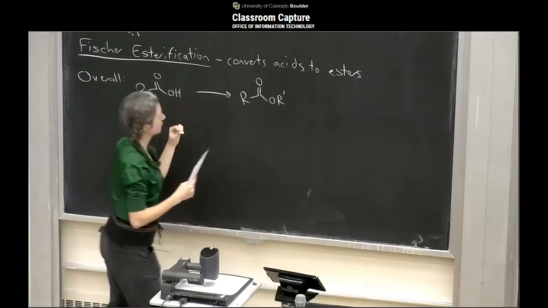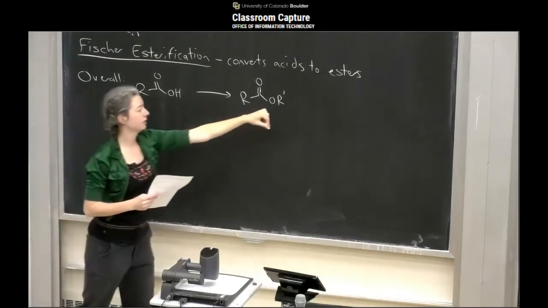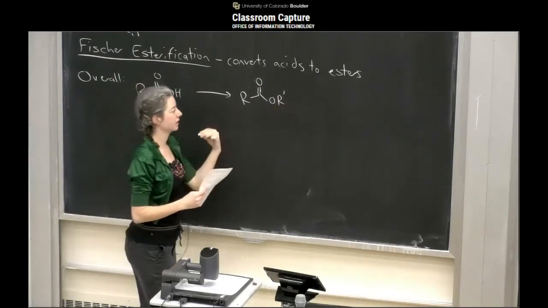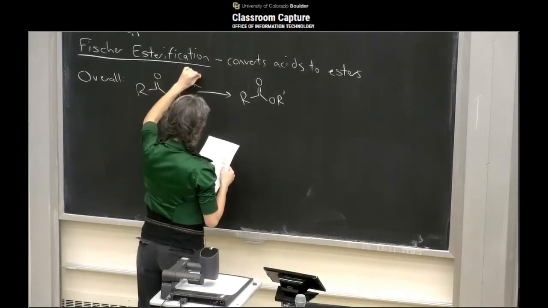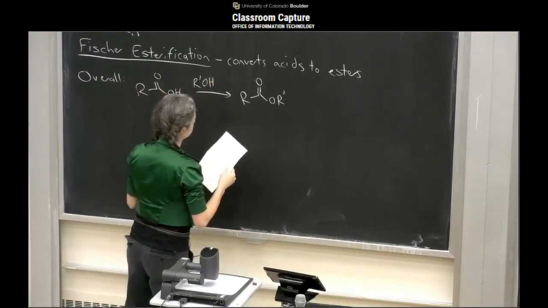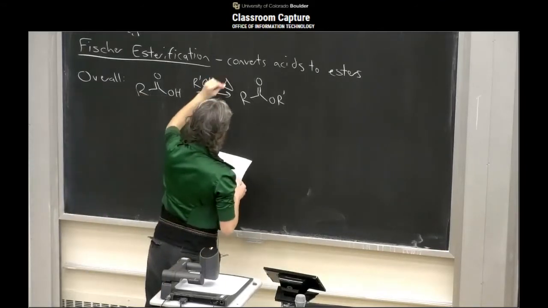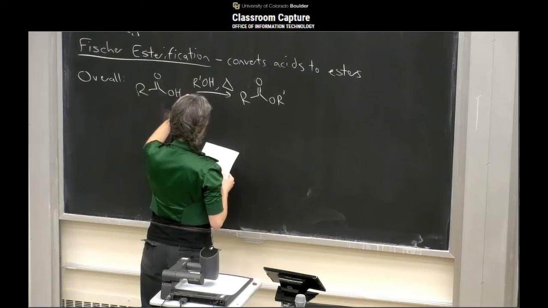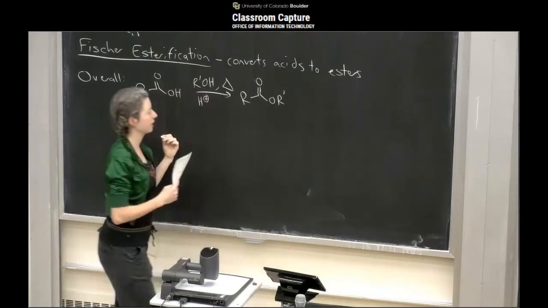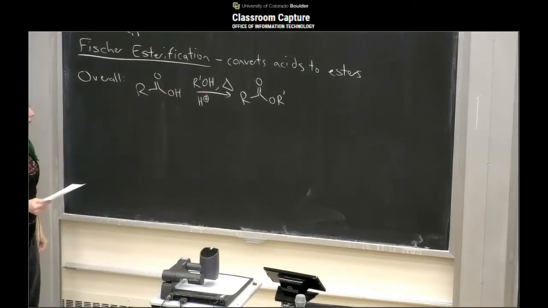And all you need to do this is an alcohol that looks like the ester part that you're sticking on here, whatever R prime you want to have there. And then heat and acid. So you could write H plus on the arrow, or you could explicitly write something like H2SO4. Doesn't matter too much.